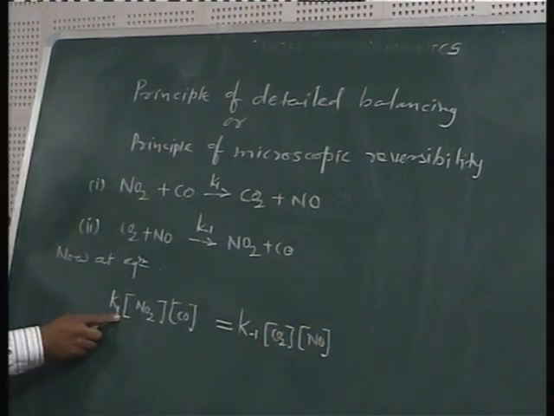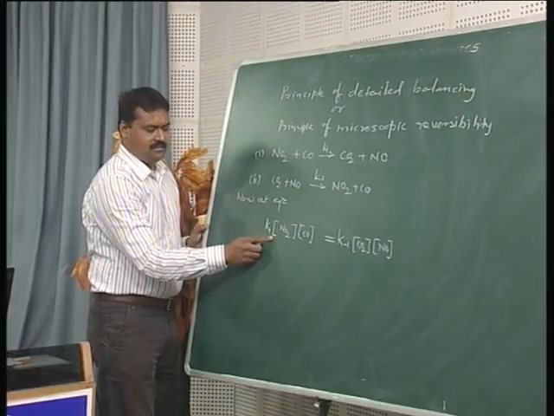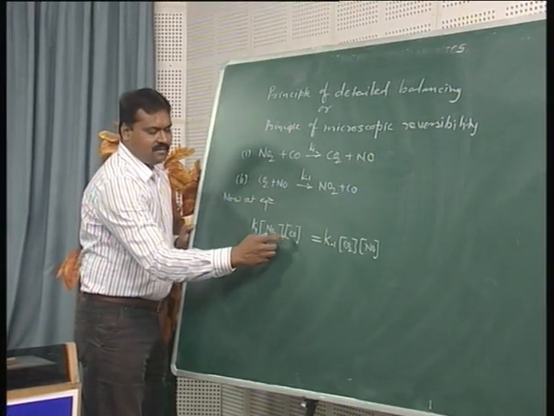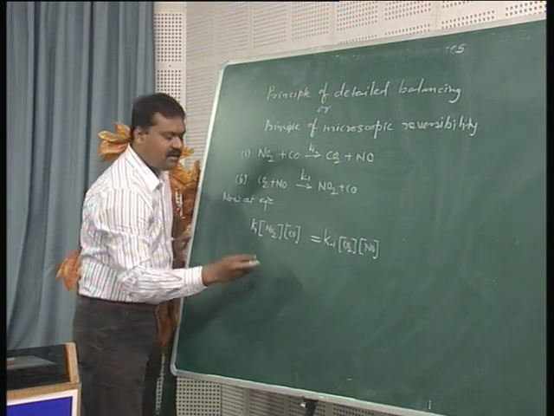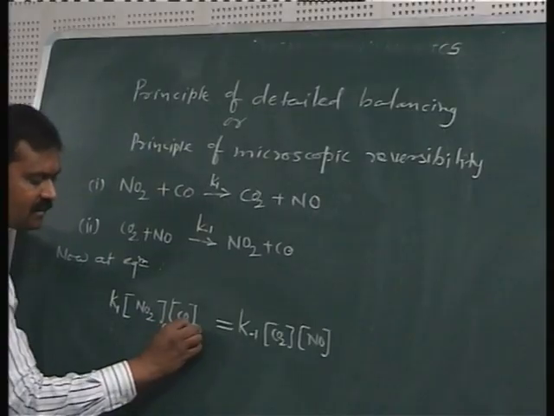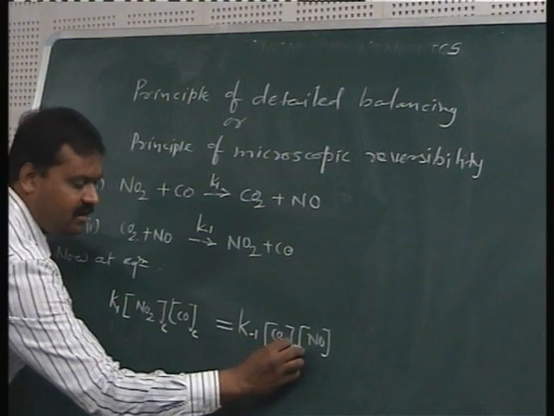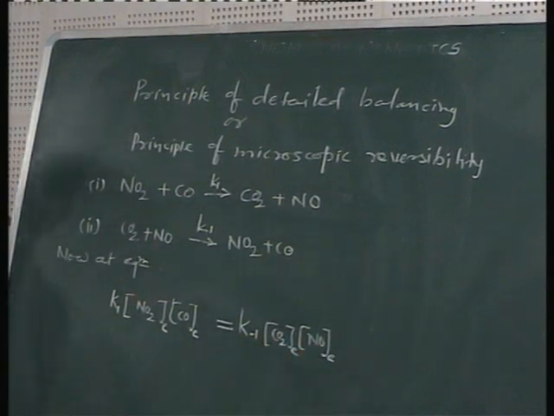Now this reaction is at equilibrium. It means these concentrations are at equilibrium. So to mention the equilibrium concentration, we are putting subscript E for each concentration.